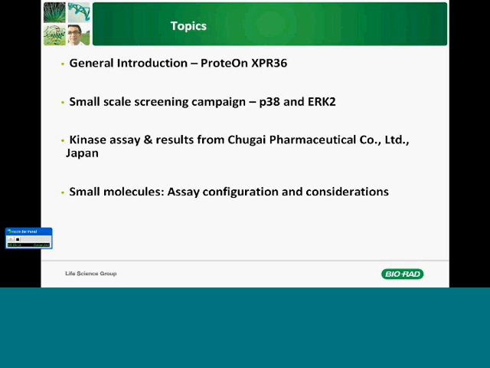Next, we're going to show some results obtained by one of our customers at Chugai Pharmaceuticals in Japan, who also performed a binding assay of different kinase inhibitors. And last, we're going to show some tips and hints about small molecule assays. There are different configurations and considerations to take into account, and how to perform the best experiment and obtain good results.